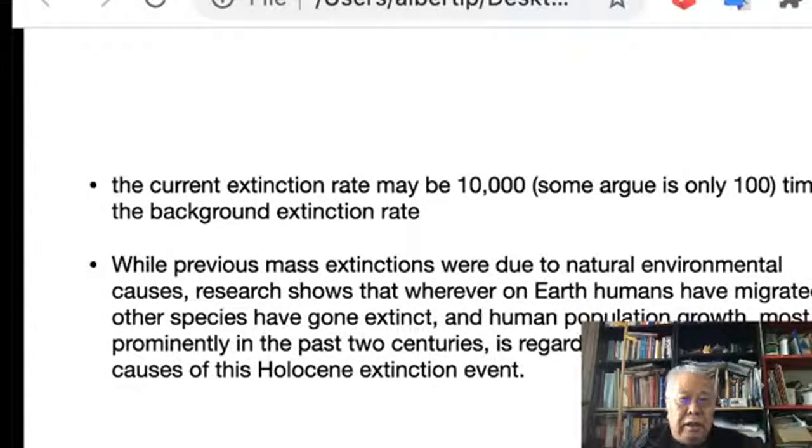But this one is due to one species, human. Our human exposure in our population caused a huge decrease in diversity of our biosphere.